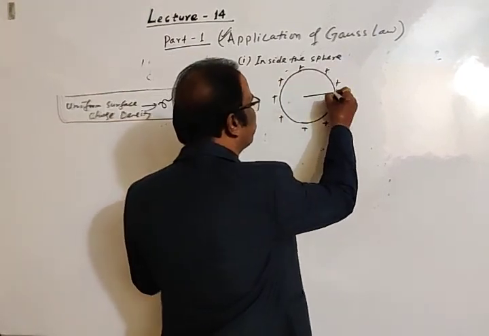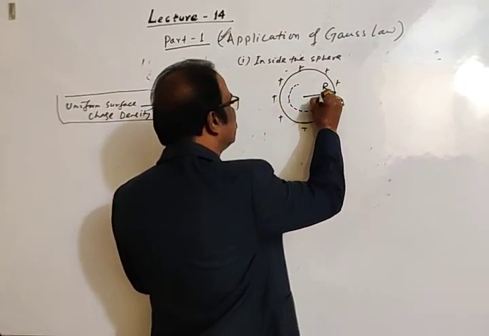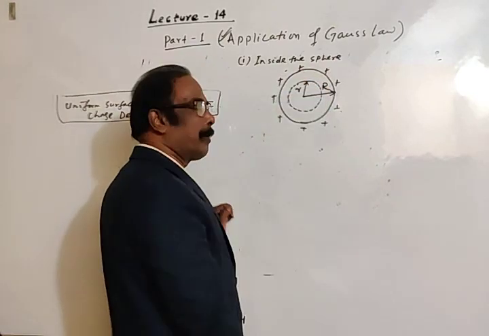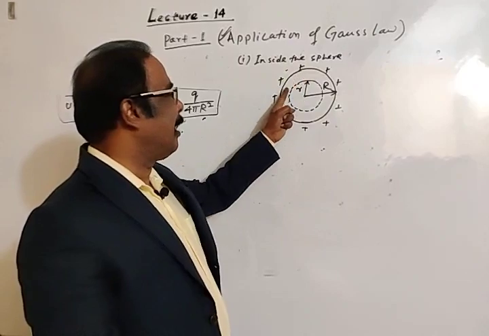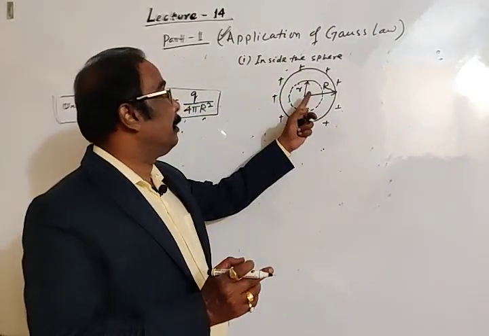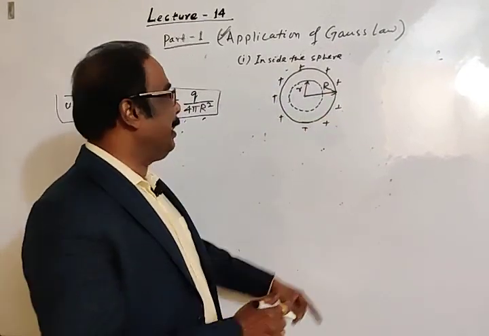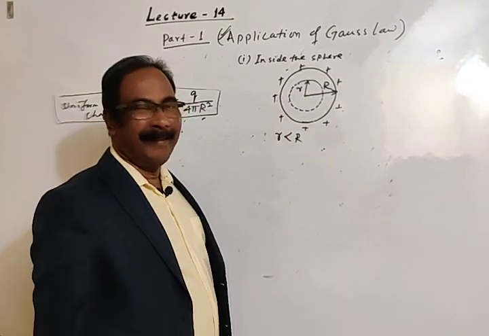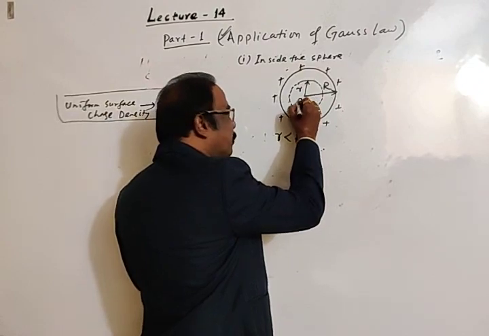See, radius of the sphere is R. Let's imagine this is any radius r. From the center of the sphere, distance is r, and we have assumed a spherical region inside the given sphere of radius r. Here, r is less than R. Okay. So, inside the sphere, there is no charge.